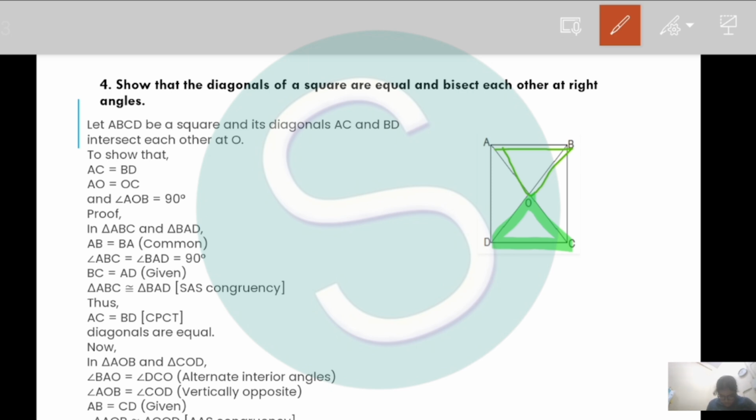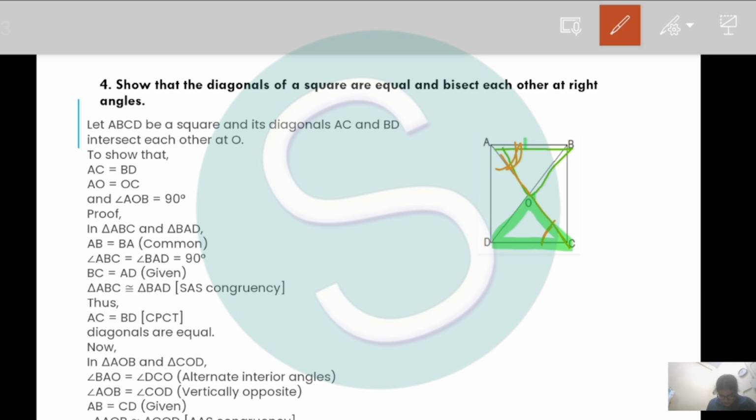So here, since this is a parallelogram, right? Square is also a parallelogram. So AB is parallel to CD. So this angle BAO is equal to angle BCO, as alternate interior angles are equal.